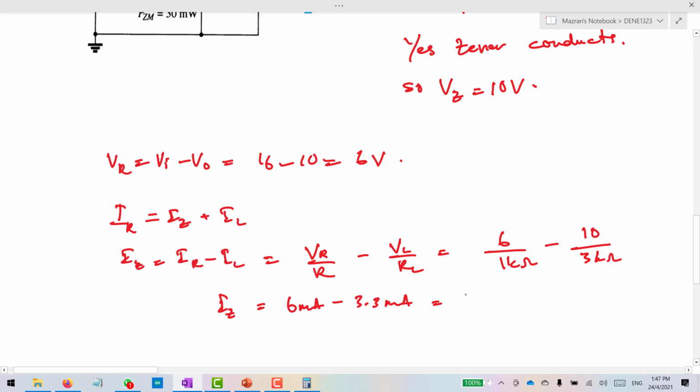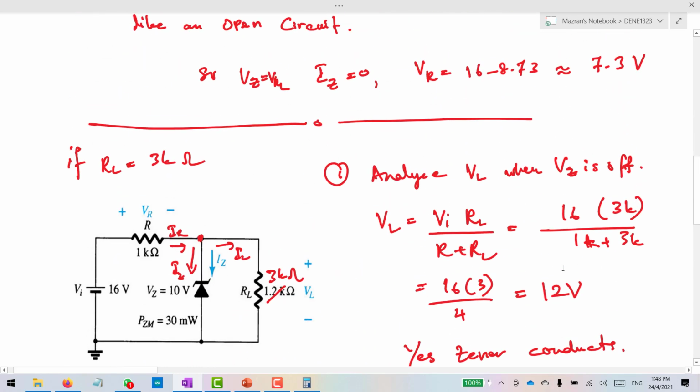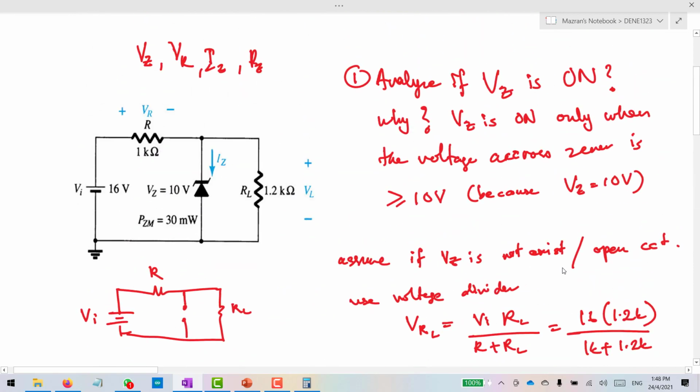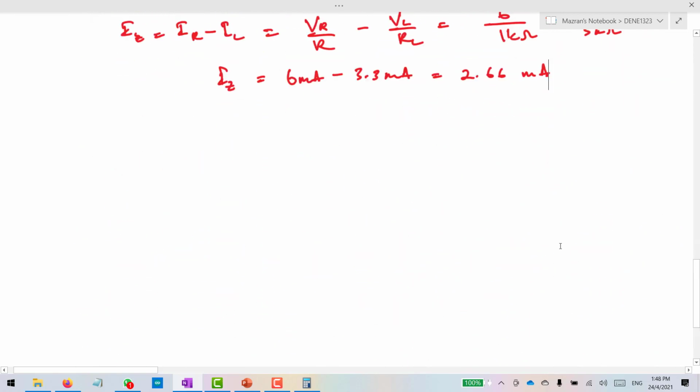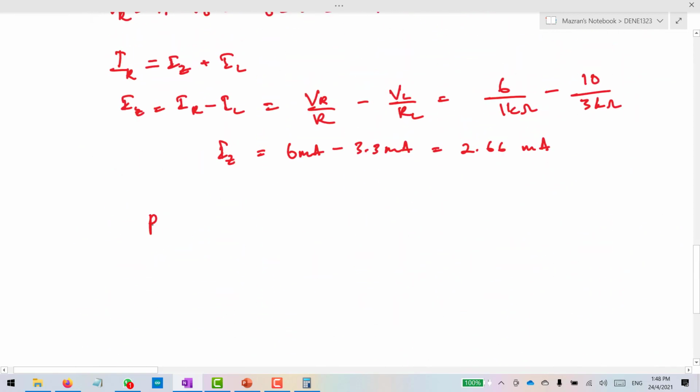So what we have left, 2.66 milliamps. And then we are looking for PZ. So PZ equals to IZ times V. So 2.66 milli times V is 10.